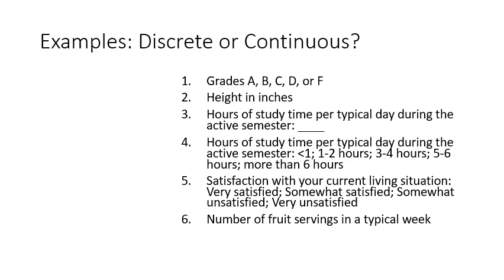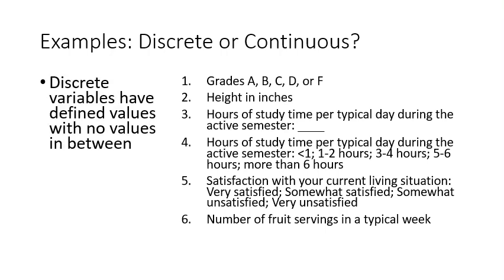So some examples, grades A, B, C, D, F. The answers are clearly words or letters in this case, qualitative, but they're ordinal. The order would matter. Height in inches, that would be continuous. Your height could be anywhere.